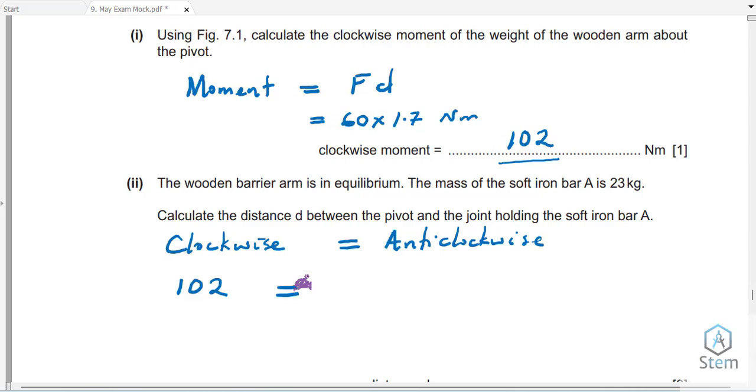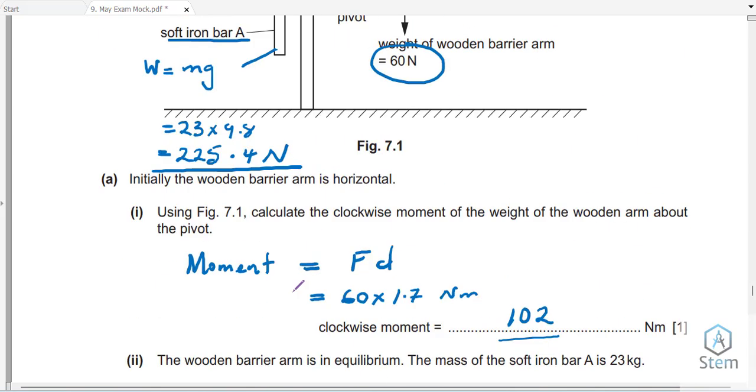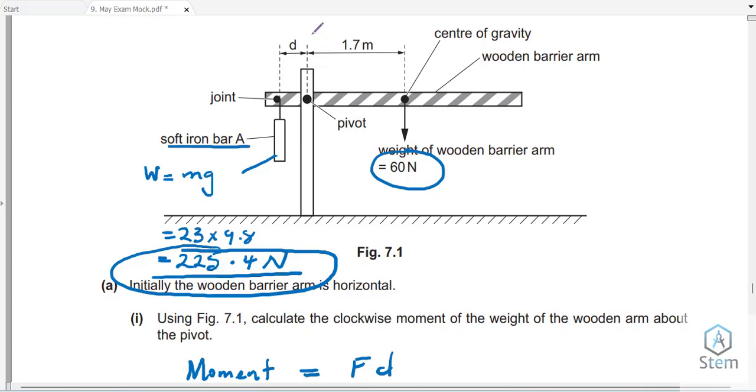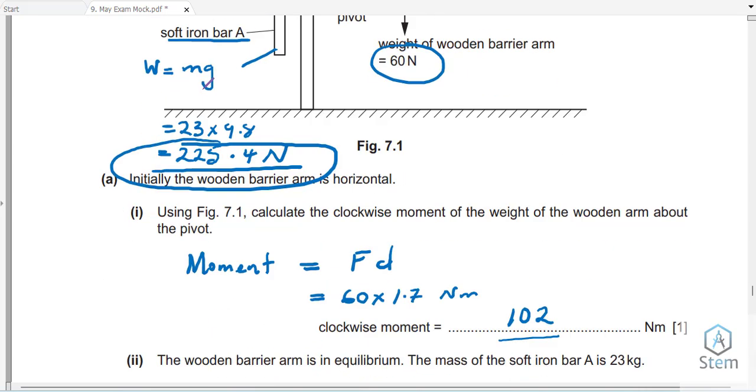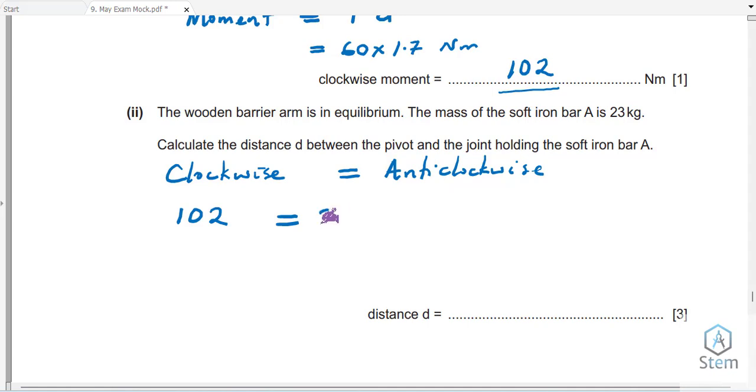The anti-clockwise moments, we are going to say this force multiplied by this perpendicular distance, and we will find D equal to 102 divided by 225.4.